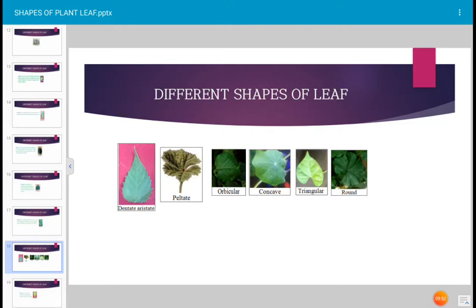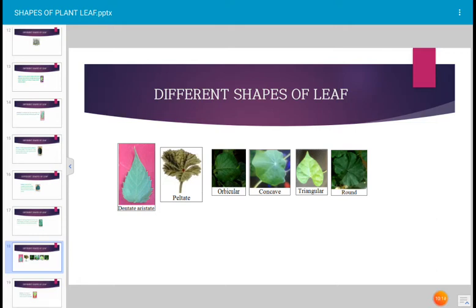The petiole is attached at the center of the leaf from the dorsal surface. The dorsal surface is round, and the petiole is attached at the lower surface of the leaf. And next shape of leaf is orbicular, orbit-like leaf.